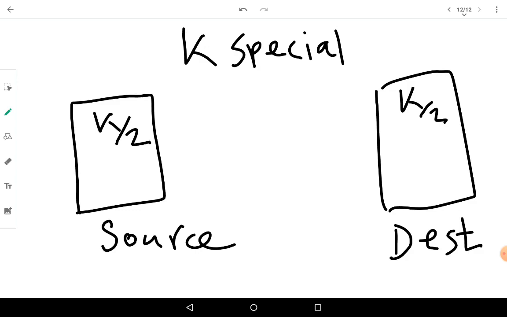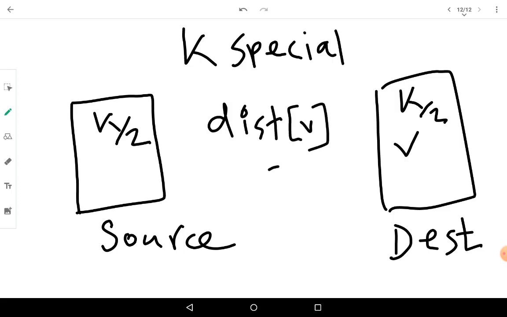Let's just say we have run our Dijkstra, and after running it we find that there is a node v in the destination set whose distance is 15. What does this mean? The distance of v is equal to 15.